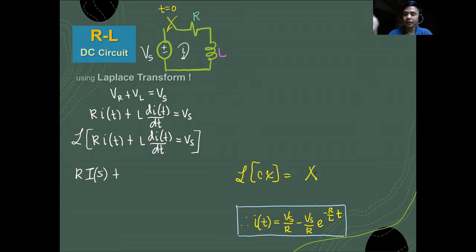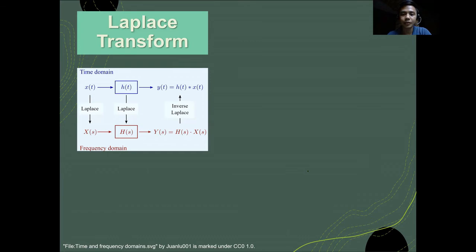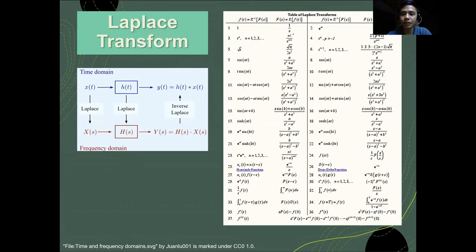So there's a difference: the time domain is in small case, and the frequency domain is in capital case. You have the constant c. You can see this from the previous slide.